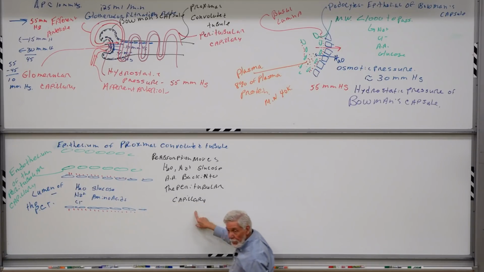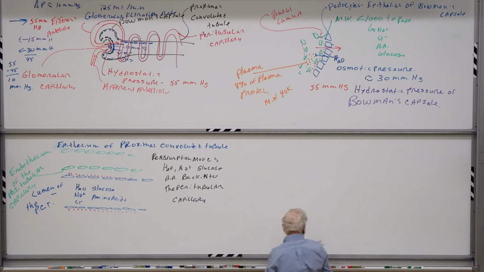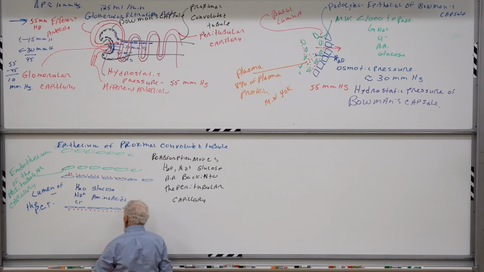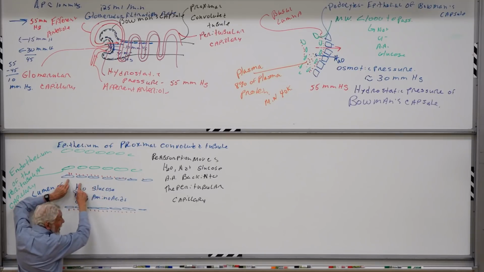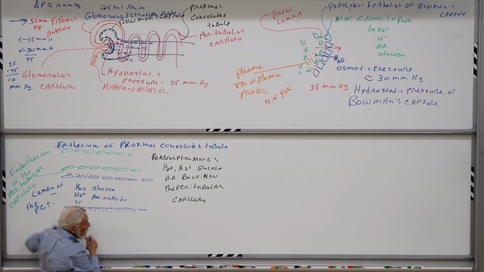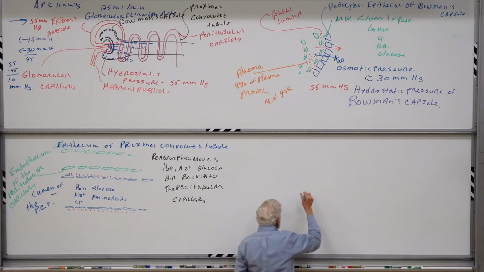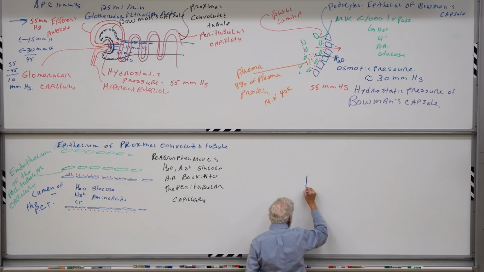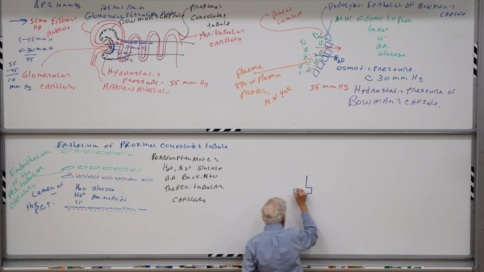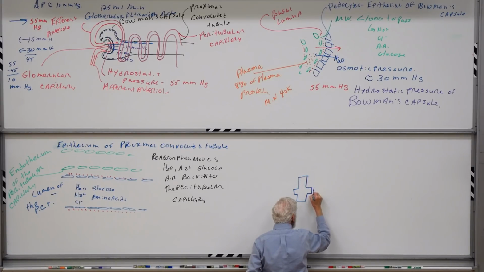So how are we going to do that? Well, we're going to follow this again. Let me blow this up a little more and give you a little more detail. I'm going to take these epithelial cells and make them bigger and give you a little more three-dimensional image of that. When we look at these epithelial cells, they actually look a little bit like a cross.